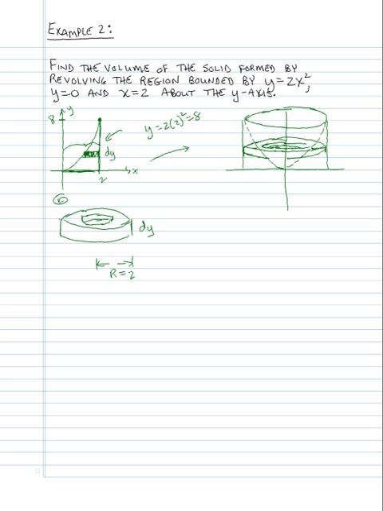It's straight up and down, so no matter where we are on a disk up and down here, that outside radius, which is across this direction, is always 2 units.